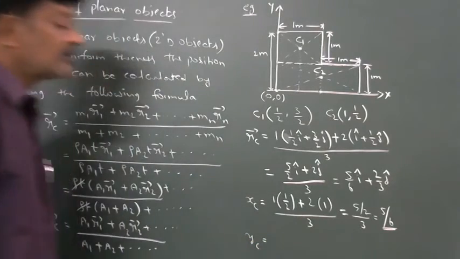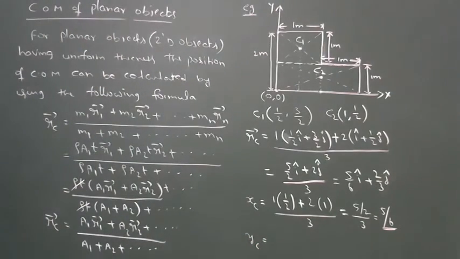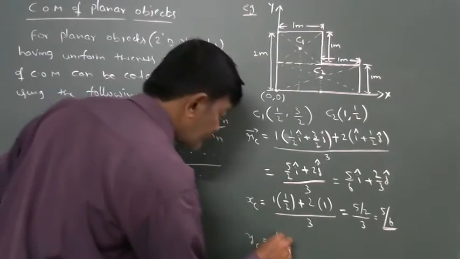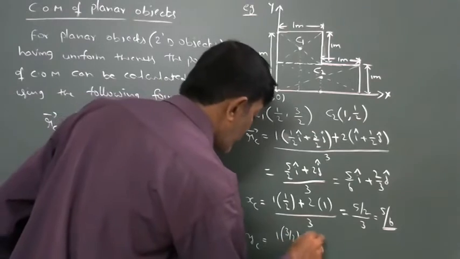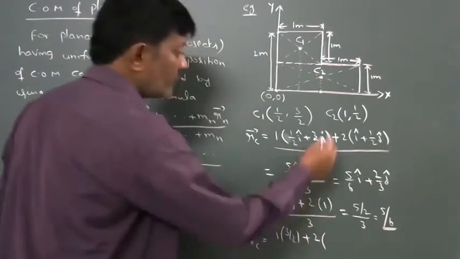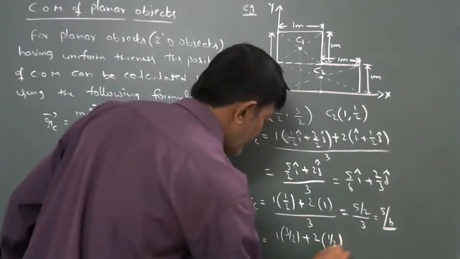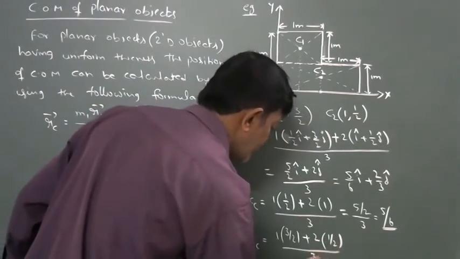yc is equal to a1 y1 plus a2 y2 divided by a1 plus a2. a1 is 1 into y1 is 3 by 2, plus a2 is 2 into y2 is 1 by 2, divided by a1 plus a2, 3.